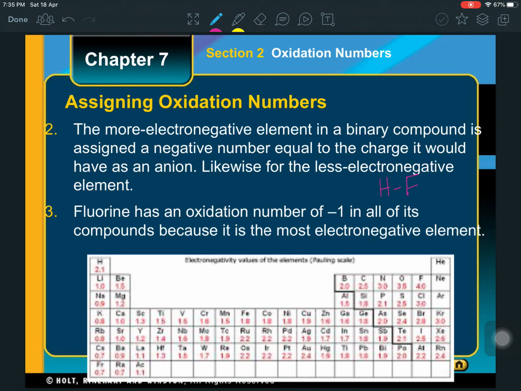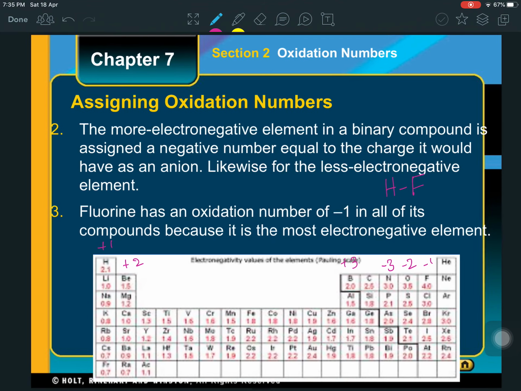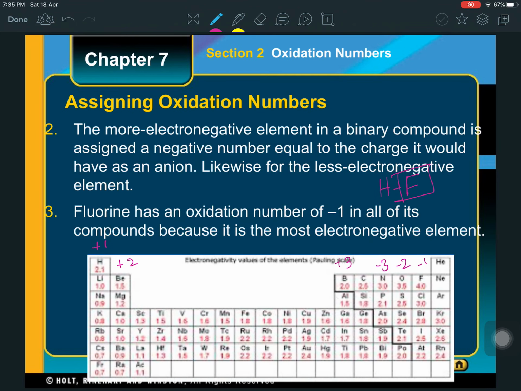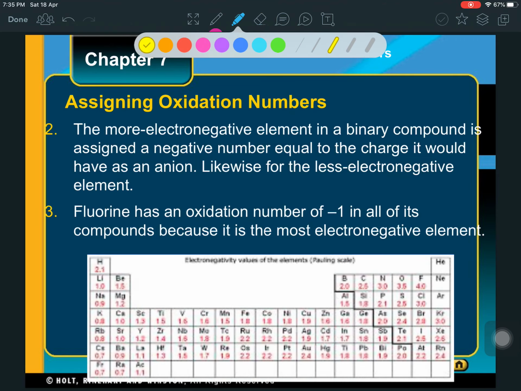In this case, I know that this would be +1, +2, +3, -3, -2, -1. Because fluorine is the more electronegative atom, I can just go ahead and automatically assign it with its regular charge. So the more electronegative atom in the compound gets automatically assigned with its regular charge that it would have originally been given, right?